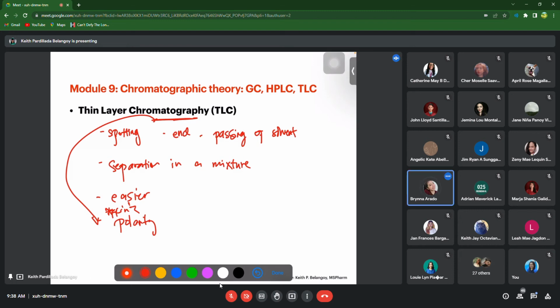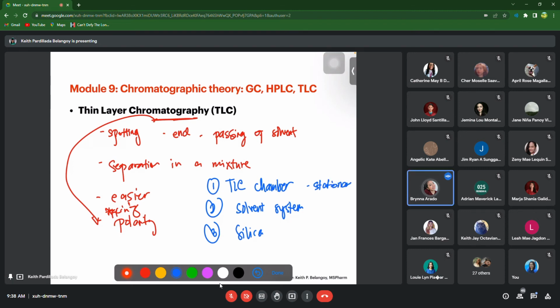Arado, can you tell us about the maybe parts of your chromatography? What are the parts do you know about chromatography? So there are three common parts sa TLC that is always mentioned. So we have TLC chamber, we also have the solvent system, and also the silica gel rather. The chamber is the stationary phase, in which it is responsible to keep a steady environment, which will help in developing the spots.